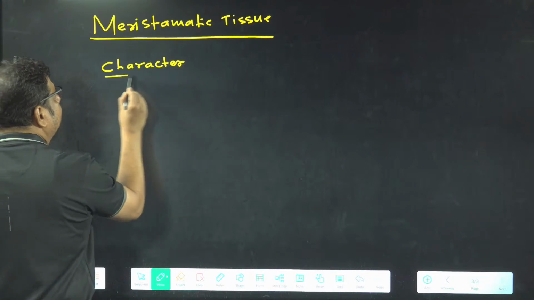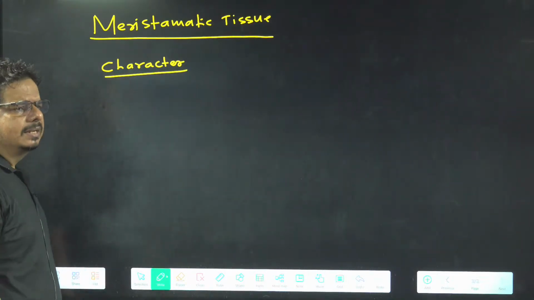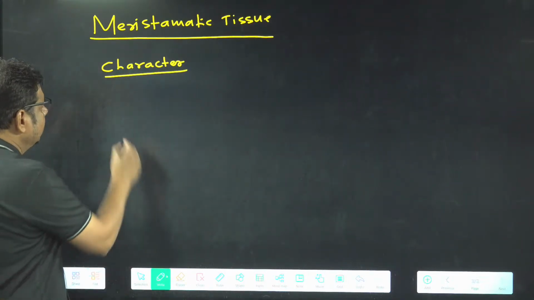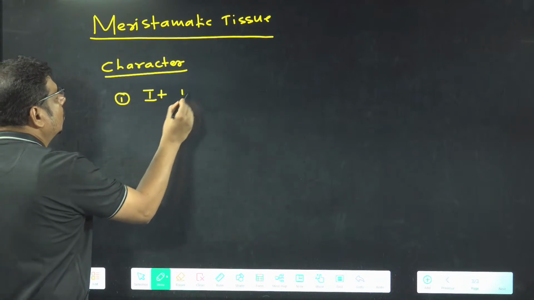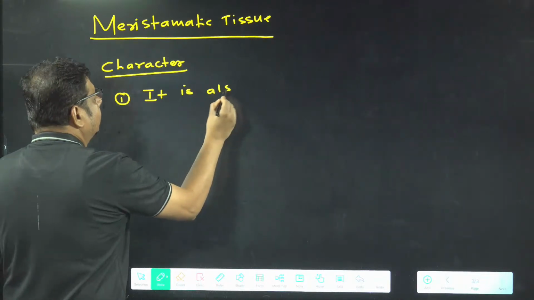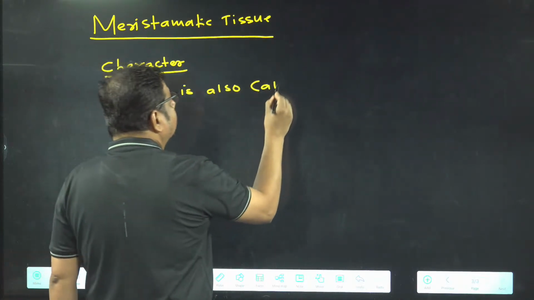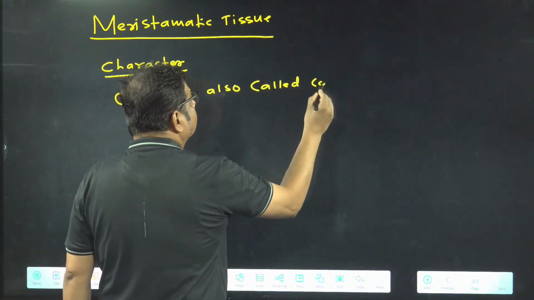The first character: it is also called compact tissue.